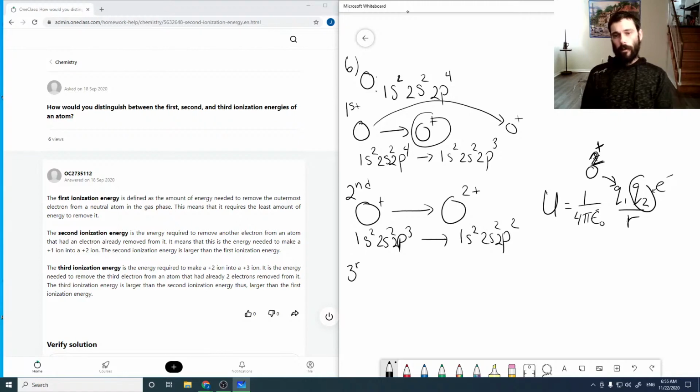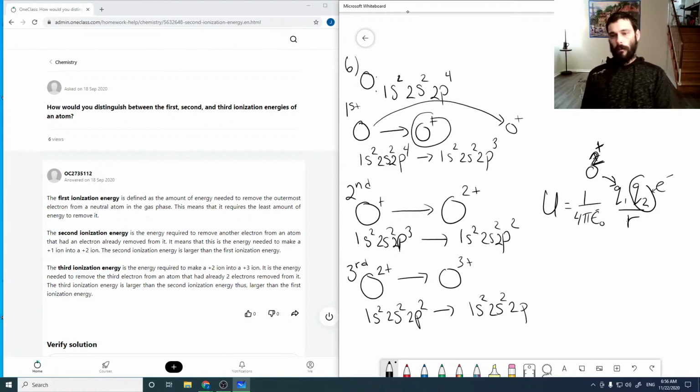And then the third ionization is then just removing another electron, which, continuing in our example with oxygen, is moving from 2 plus to 3 plus, or from this configuration to this.